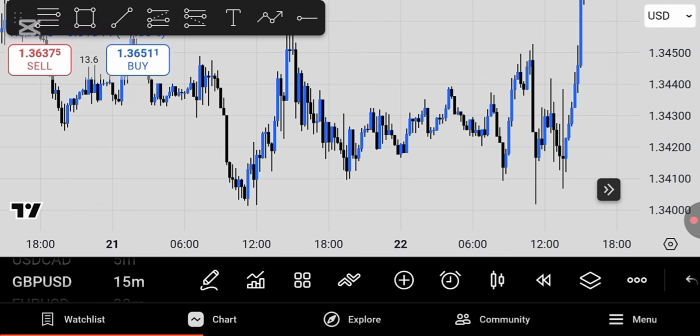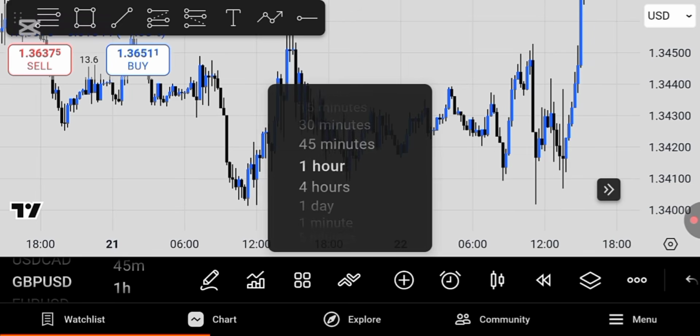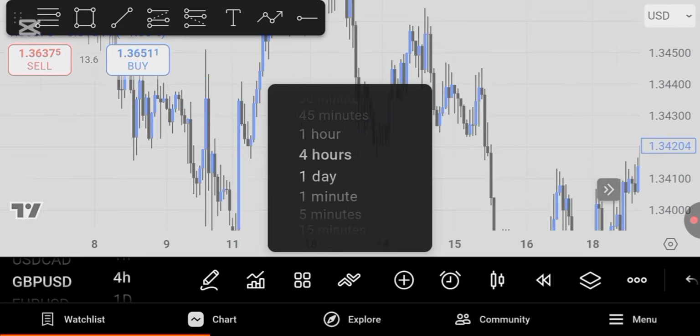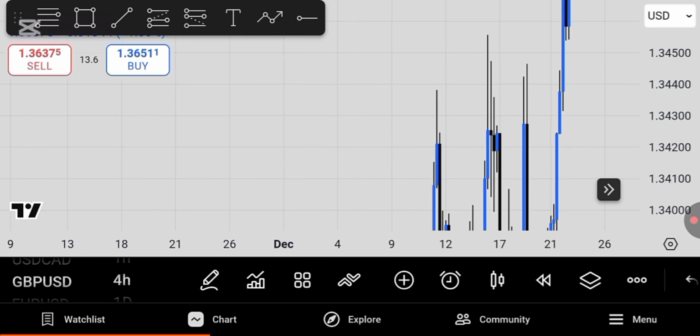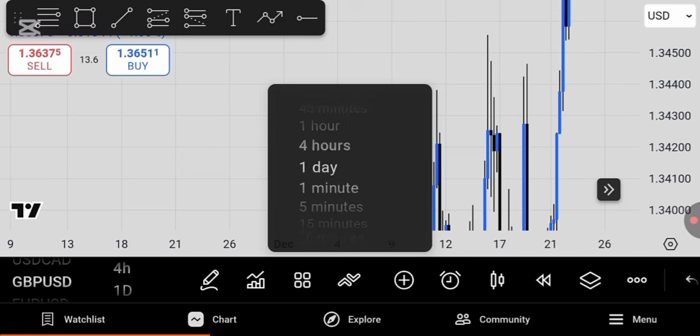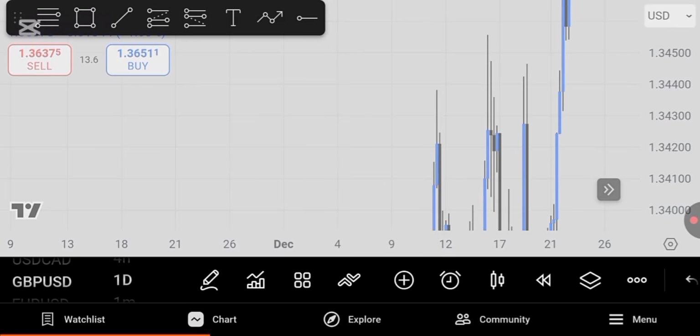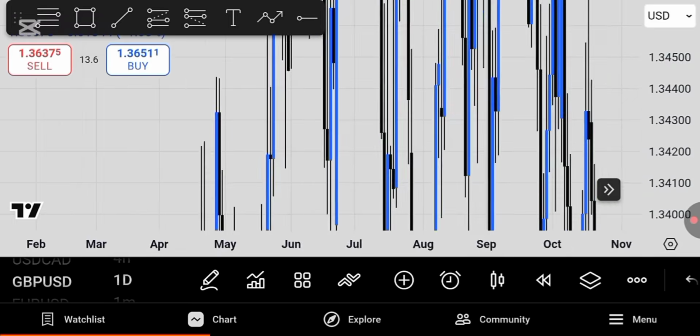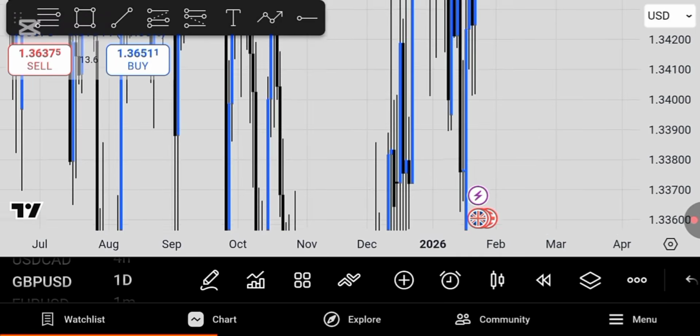Note, you don't mark your POI on the lower time frame. You need to go to the higher time frame to mark your POI. Now, going to our higher time frame, let's start from the 4-hour time frame. Actually, we needed to start from the daily time frame. Let's go to the daily time frame so we can see what the higher time frame is doing.